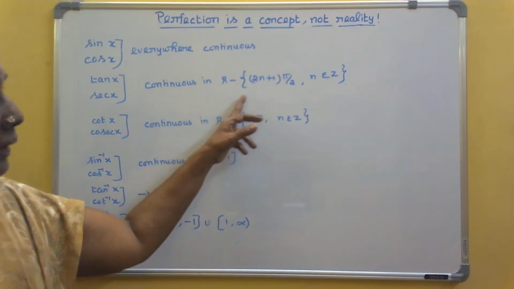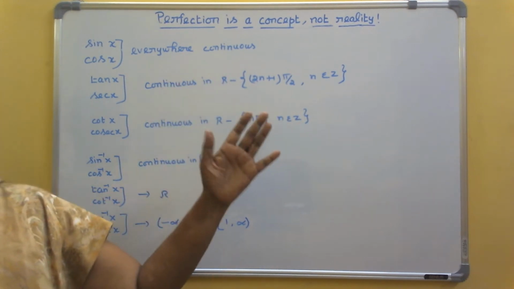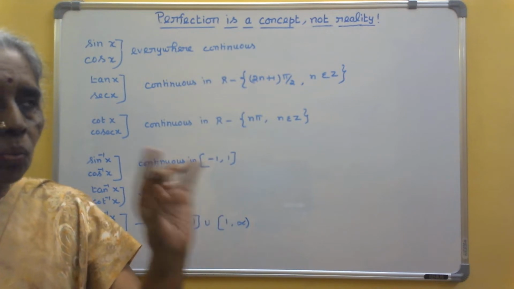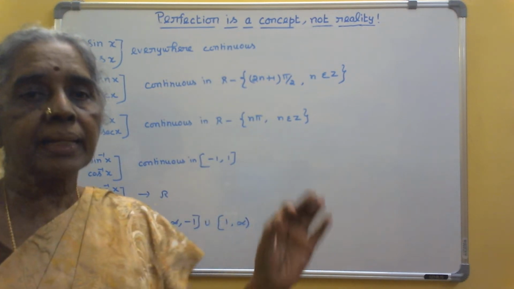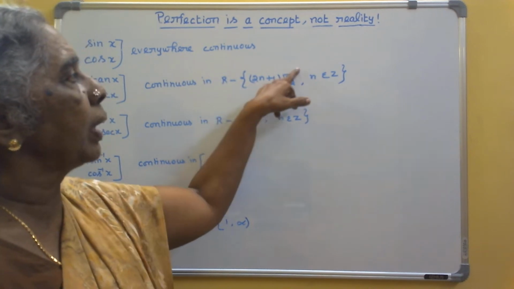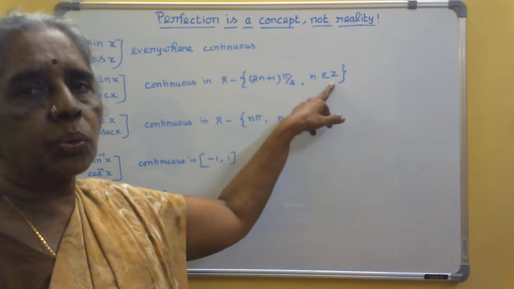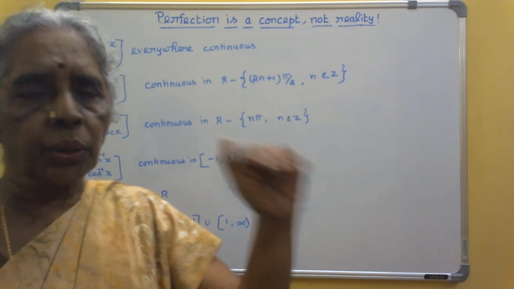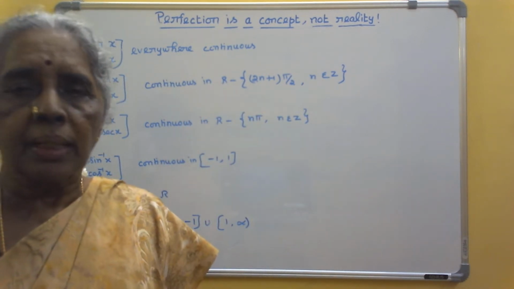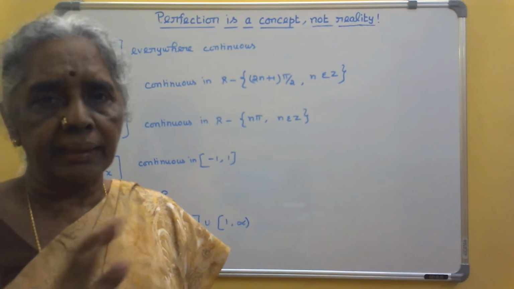So except these, everywhere tan x and secant x will be continuous. Is it clear? If they ask you where tan x and secant x are discontinuous, you just write 2n plus 1 into pi by 2, n belongs to z. If they ask you about continuity, it is R minus 2n plus 1 into pi by 2. See the question properly, read it and then answer.